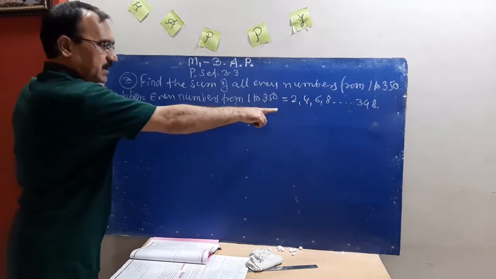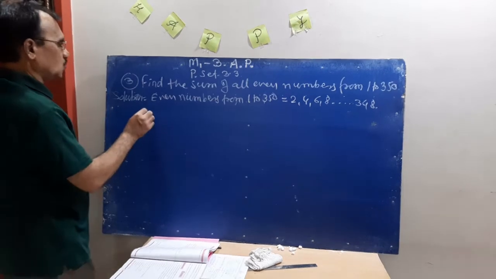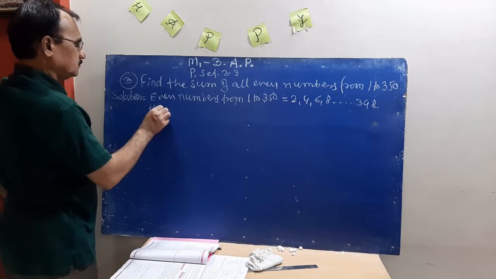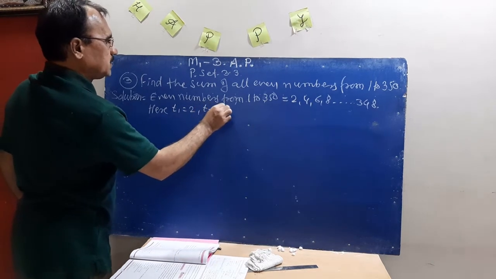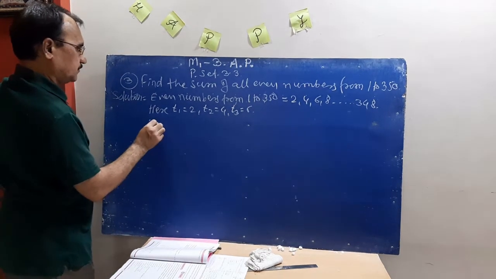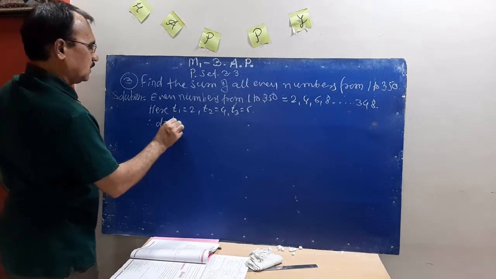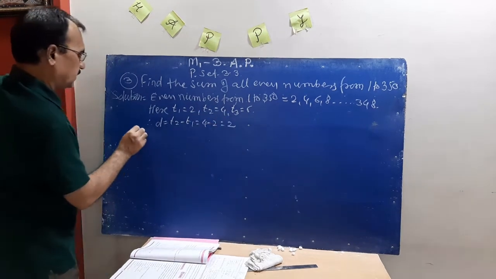If we see these even numbers, they form an AP. So here T1 is equal to 2, T2 is equal to 4, and T3 is equal to 6. Therefore D is equal to T2 minus T1, which is 4 minus 2, equal to 2.